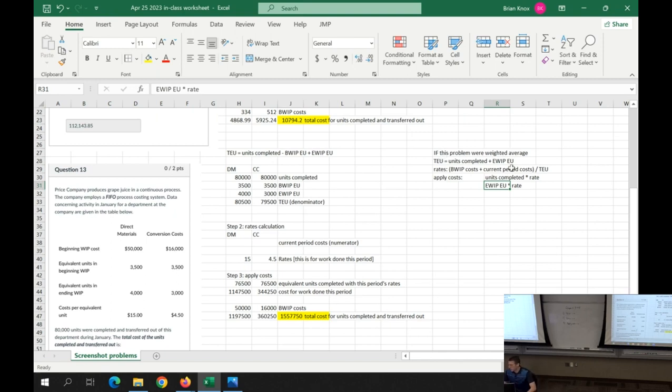So the question will be asking you either, like this one, cost of units completed and transferred out, so you just multiply like that. And if it were asking instead for the cost of ending WIP units, you multiply ending WIP EU by the rate. And you sum the rates if it's asking for the total. Sometimes I'll ask what's the direct material cost in ending WIP. So you obviously wouldn't sum the rates. You're not worried about conversion costs in that case.